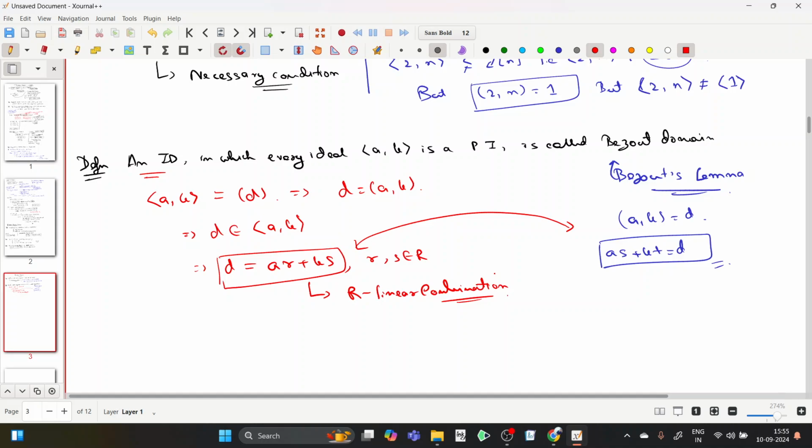Clear? And hence you can see why it's called a Bezout domain. It's also observable from here that the integers are a Bezout domain as well.